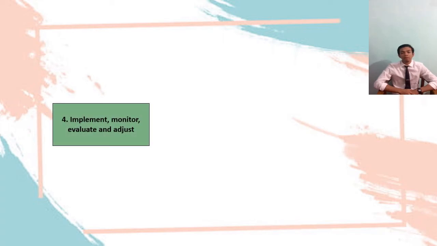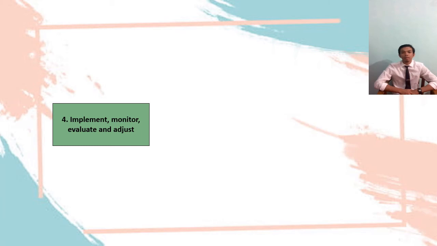Alright, finally we arrive at element 4. What is element 4? Element 4 is implement, monitor, evaluate and adjust. This component is intended to address the questions: how are management decisions applied, and when are the lessons learned adapted?